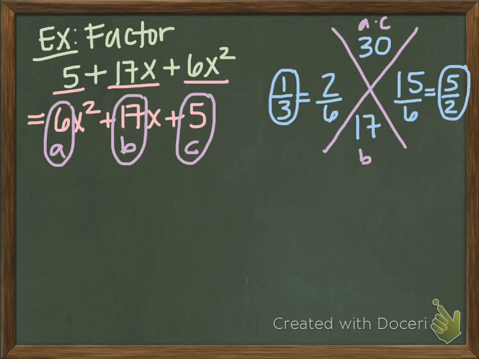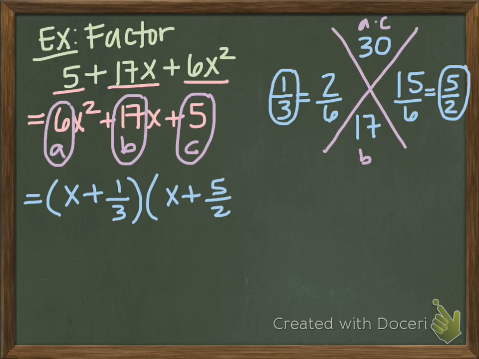Step 6, write this as two binomials. So we've got x plus 1/3, and they're both positive, so they'll both be plus, and x plus 5/2. Step 7, if you have a fraction, which we have two fractions, you're going to move the denominators in front of the x.